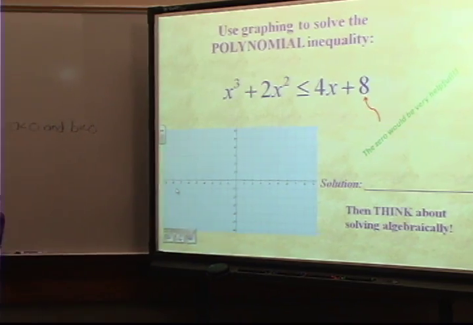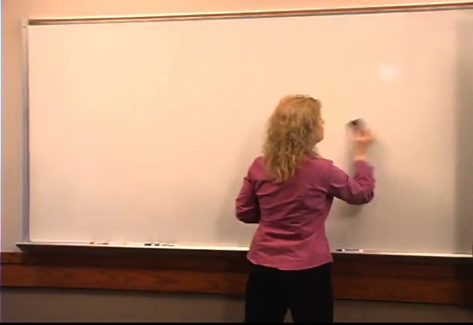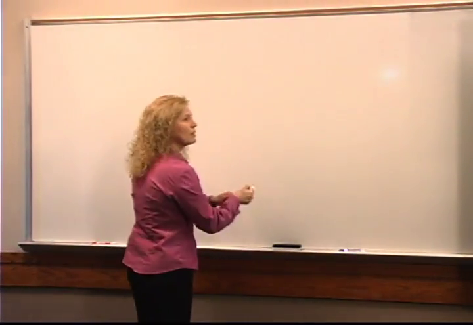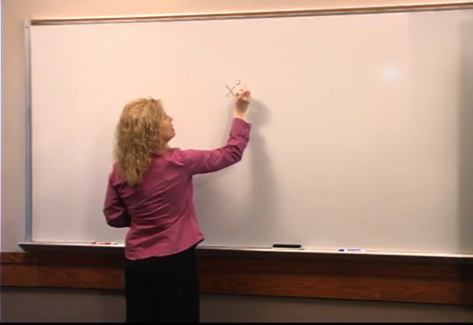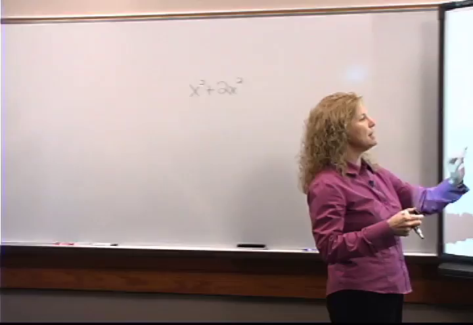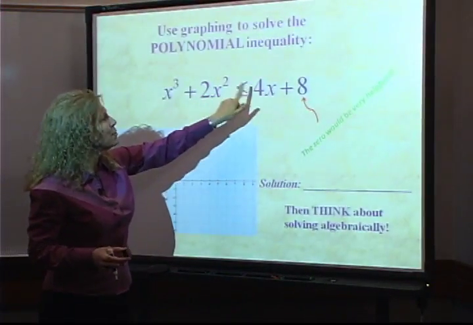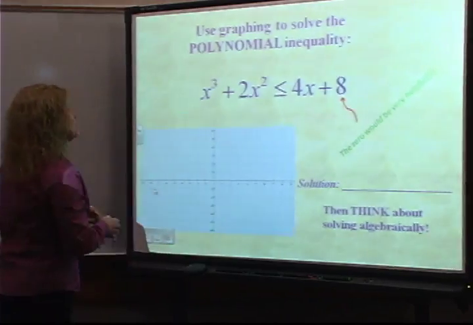Well, let me do the algebra over here because I'm going to have to do a little work to start. The first thing that I would do is bring these two terms over to the left-hand side because I really would like to have the 0 there.